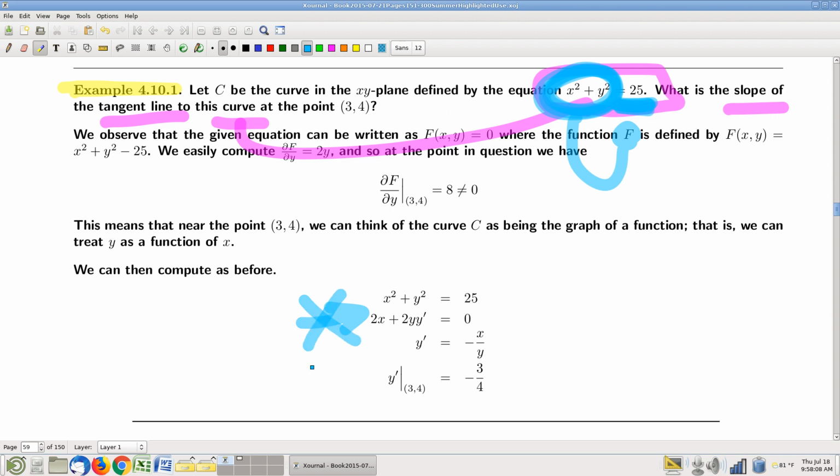If you jump straight to here, you're making this wild assumption that y is, of course, obviously a function of x locally. That is not at all clear. You've got to establish that y is actually a function of x first before you can actually take a derivative. So here's how we do that. I want to view y as being, if we're looking for slope, slope means I want to find dy/dx. That means I want to take a derivative of y. That means I want to view y as being a function.